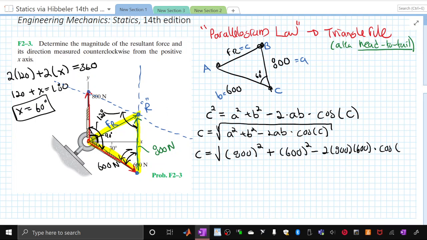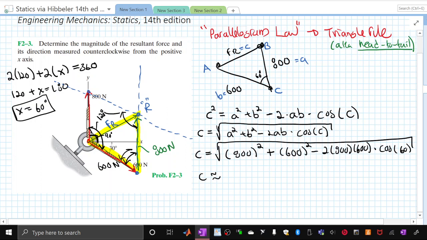Of angle C, of this angle right here. So times the cosine of 60 degrees. And you take the whole square root of that. And we can compute this value.